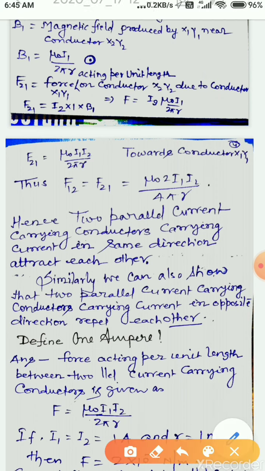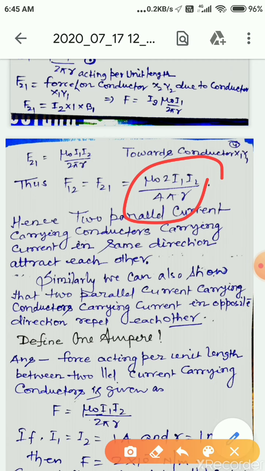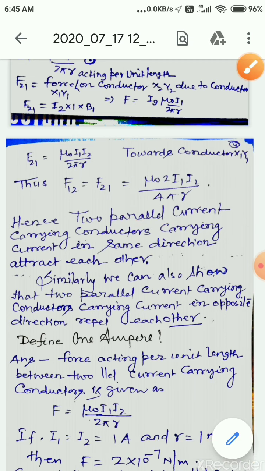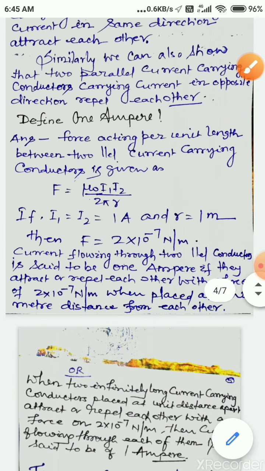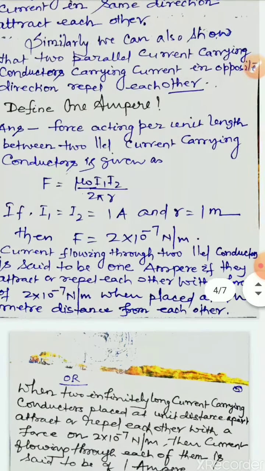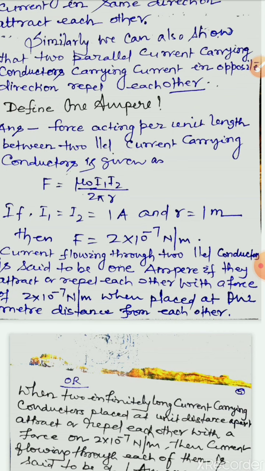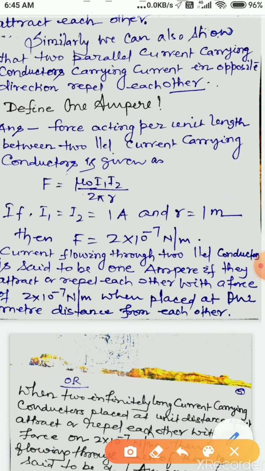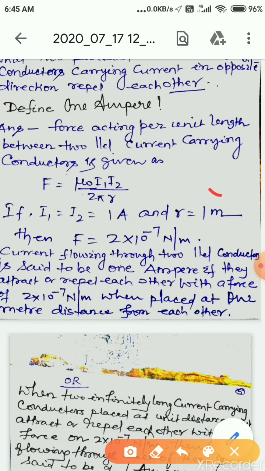This expression is used to define 1 ampere. Let us see how. If I1 is equal to I2 is equal to 1 ampere and R is equal to 1 meter, then F is equal to 2 into 10 to the power minus 7 Newton per meter.